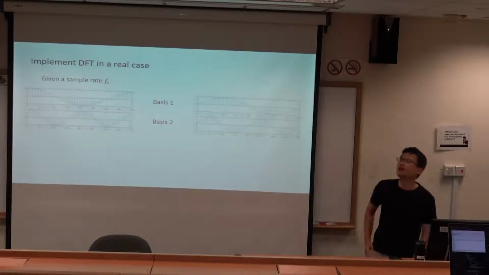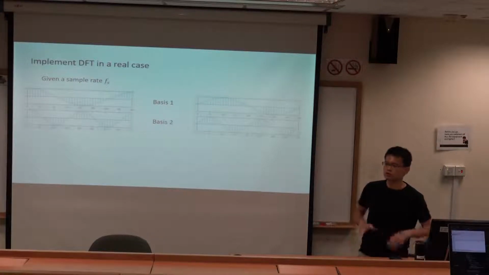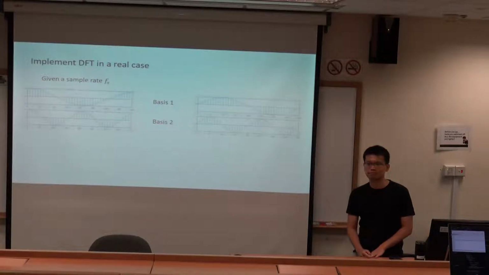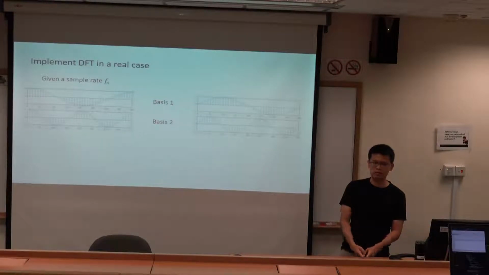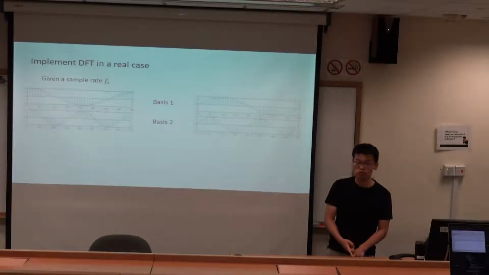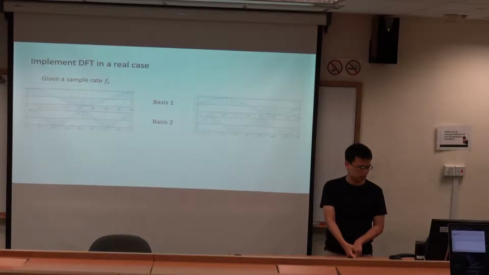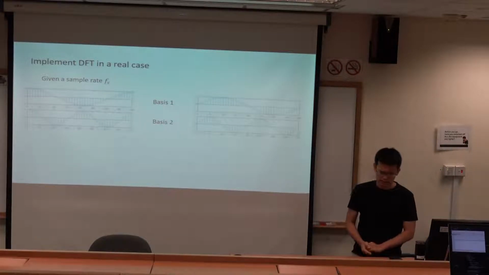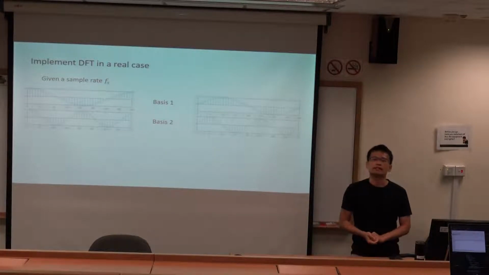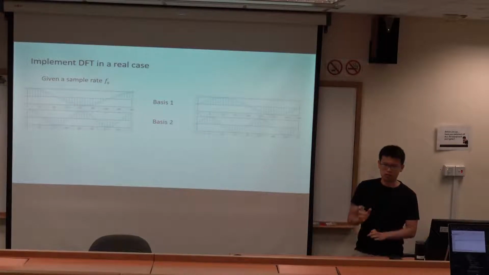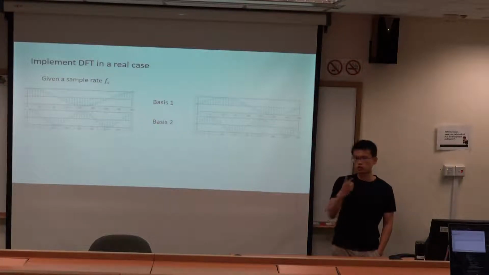So until now we haven't talked about the frequencies. We're dealing with bins, right? X1, X2, X3, but we don't know what frequency X1 stands for, what frequency X2 stands for. But we do know one thing. X2, I mean capital X of 2, denotes the correlation between the original signal and the cosine basis, which has 2 periods in n samples.